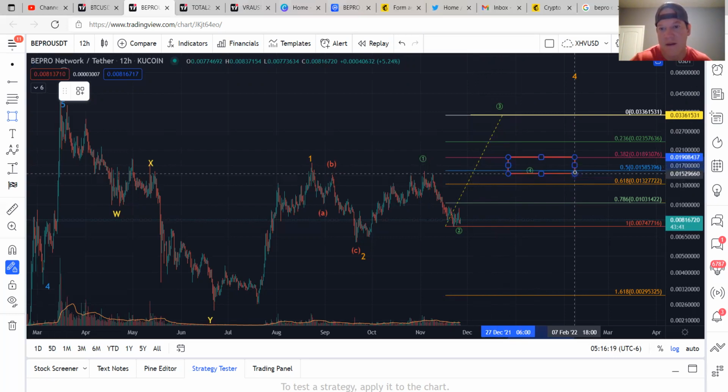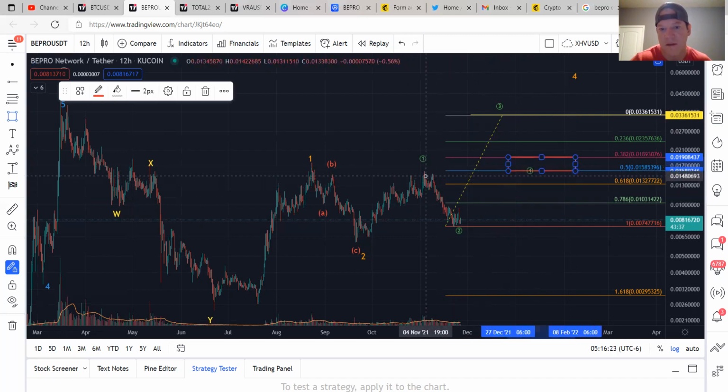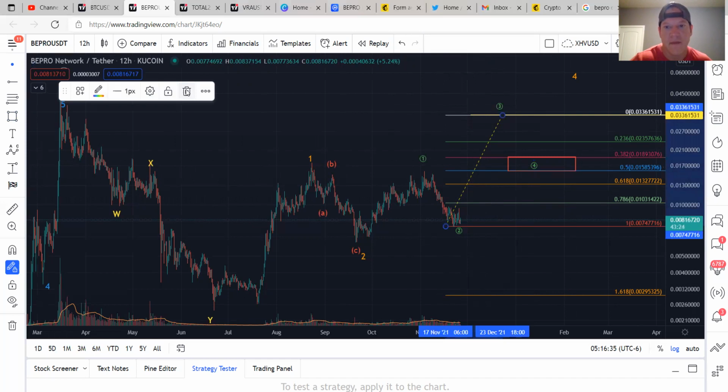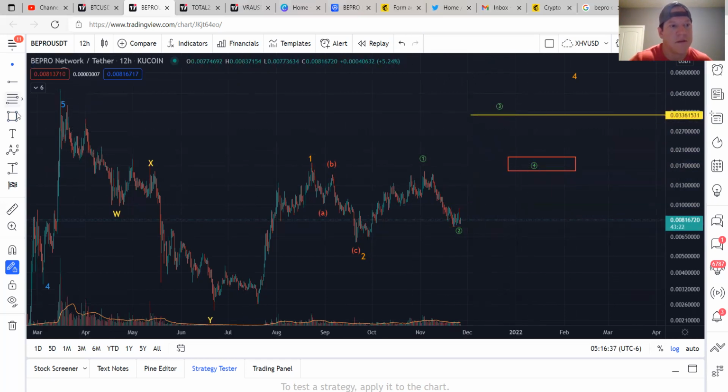In this case, I would say 0.382 to 0.5 because the top of your 1 is right here, and you do not want to see your 4 wave cross over into your 1 wave. That invalidates that count. So this should look something like this.